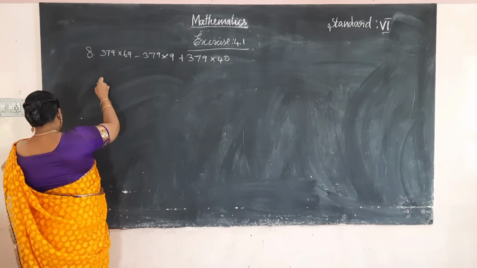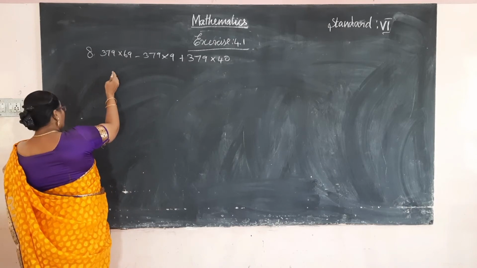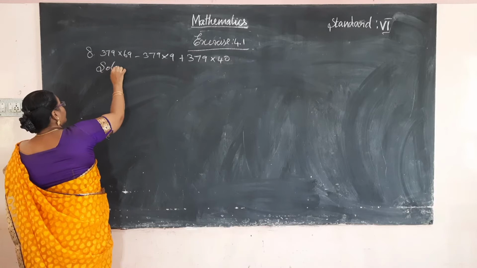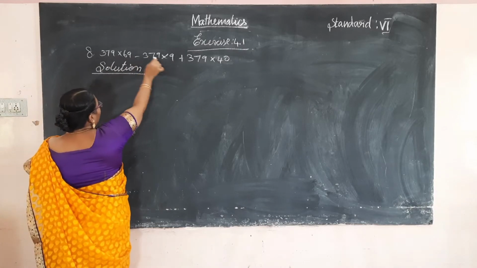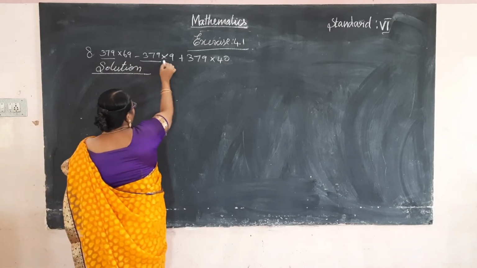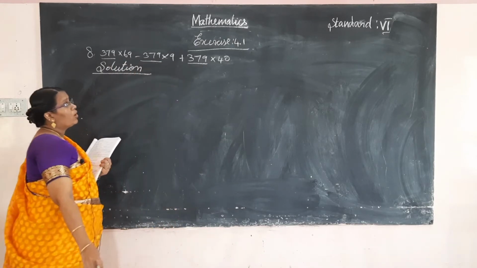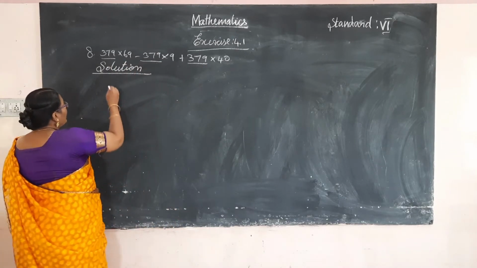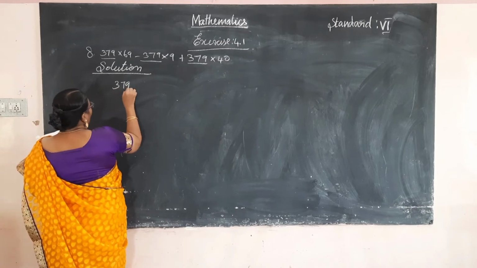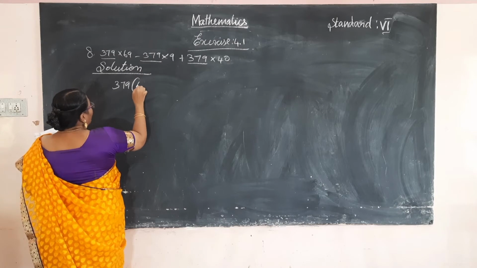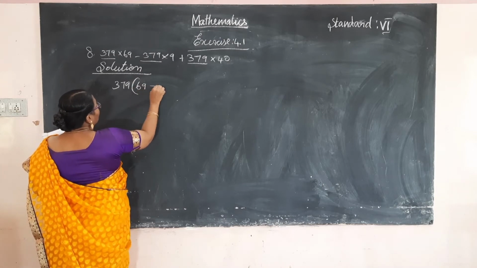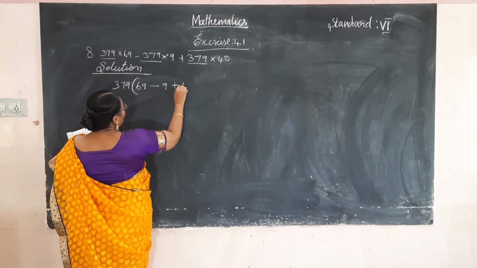So how can you write the solution? Here one number is common in all the terms. What is that? 379. So we have to take 379 outside from the given numbers, and we get 379 times (69 minus 9 plus 40).